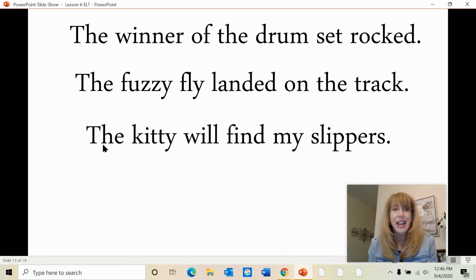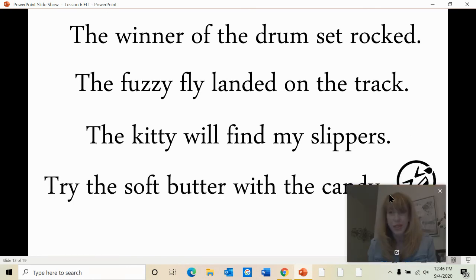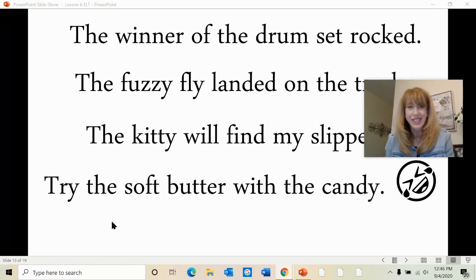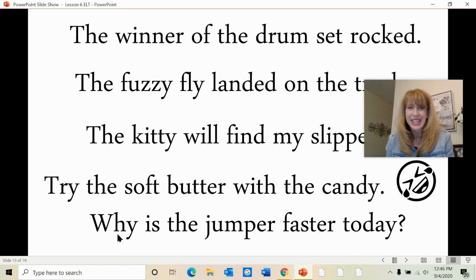All right. The kitty will find my slippers. I'm going to move my picture again. You try this. All right. Try the soft butter with the candy. Ah, yuck. Next one, you try. Here we go. Why is the jumper faster today?